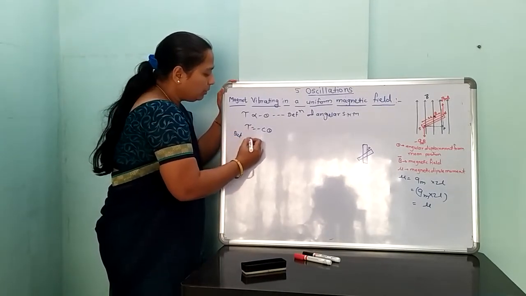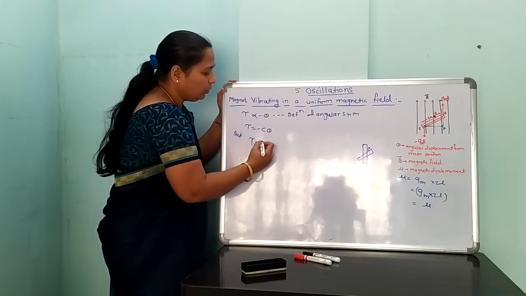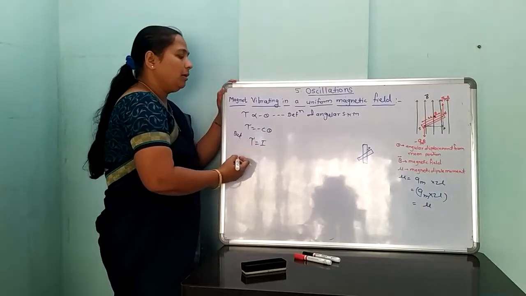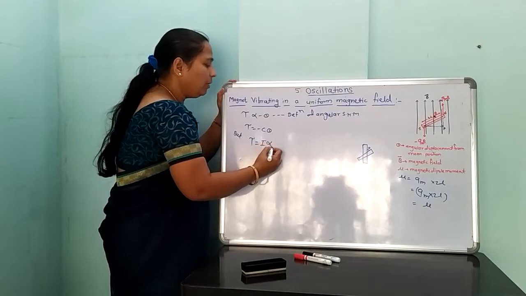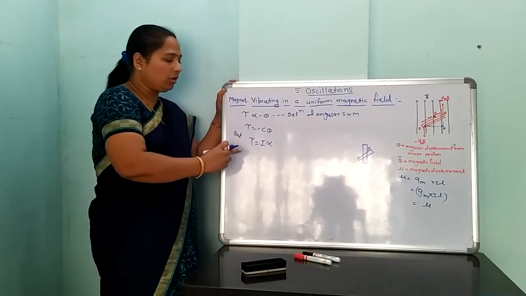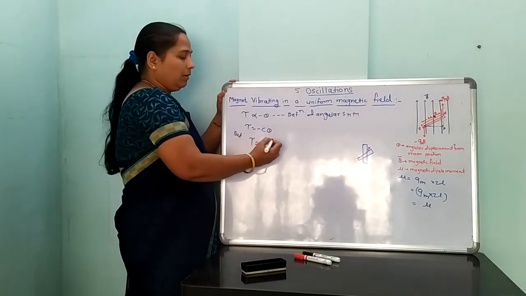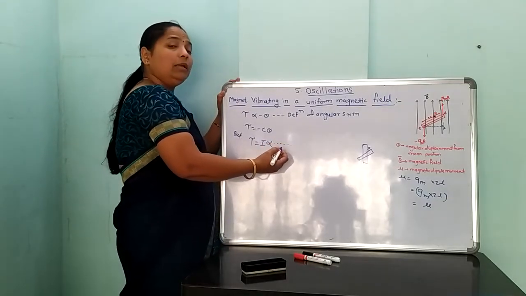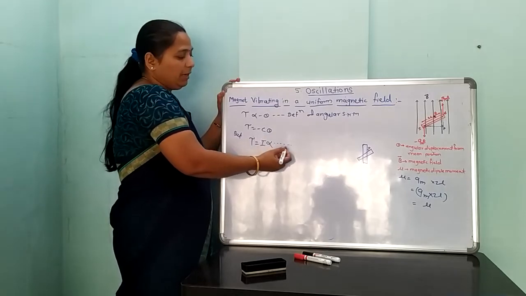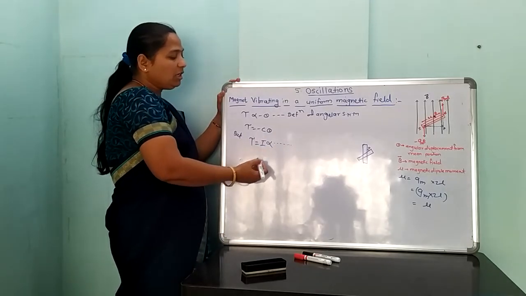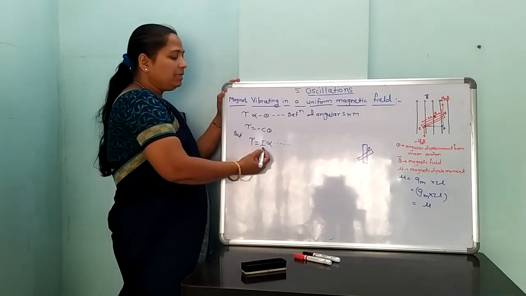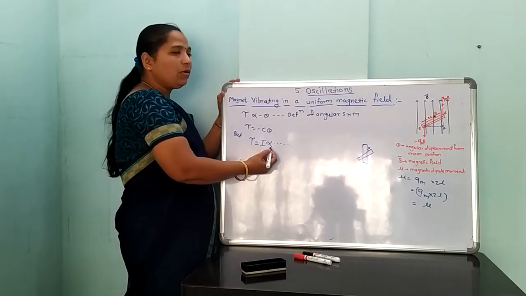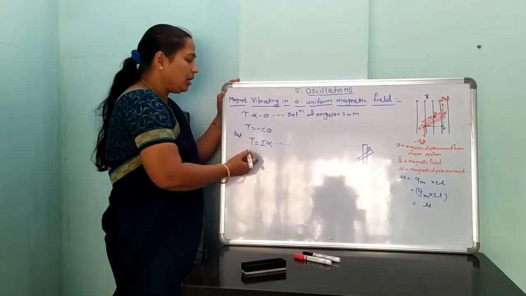We know that the definition of torque is moment of inertia multiplied by angular acceleration. Torque is equal to I alpha. That formula can be studied in rotational dynamics. I is the moment of inertia and alpha is the angular acceleration.